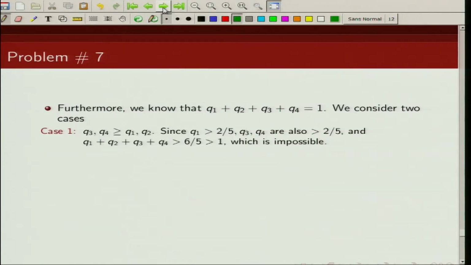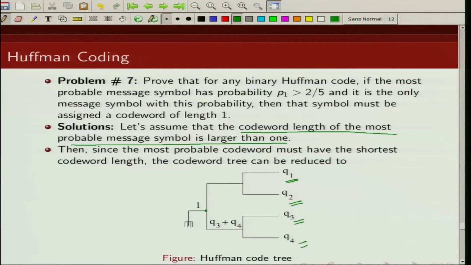Now consider two cases. In case 1, we consider that the probability of Q3 and Q4 is more than Q1 and Q2. So what we are considering is that these probabilities are more than these probabilities. That's the first case.